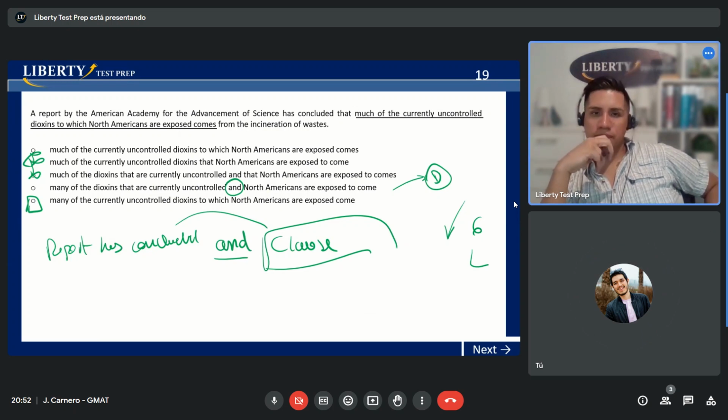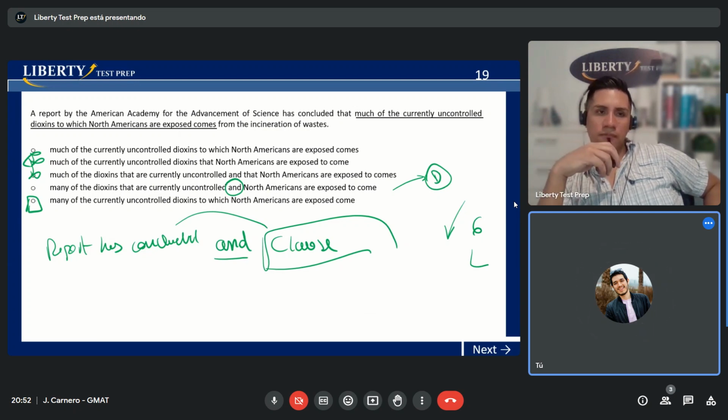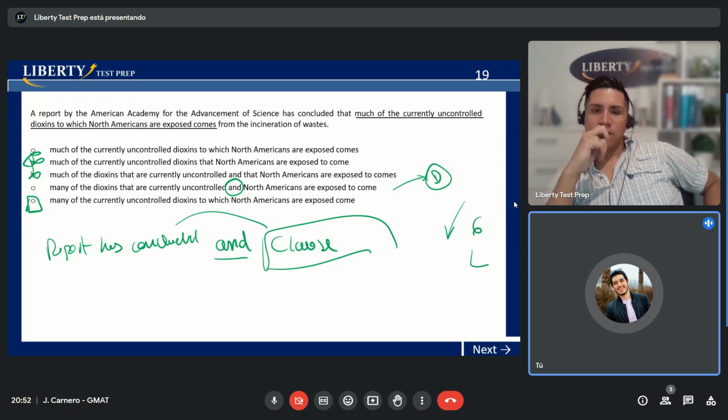Let's try to analyze it. Don't give up. So, report. I think yes, the report can say something about whether the North American people are exposed or not.